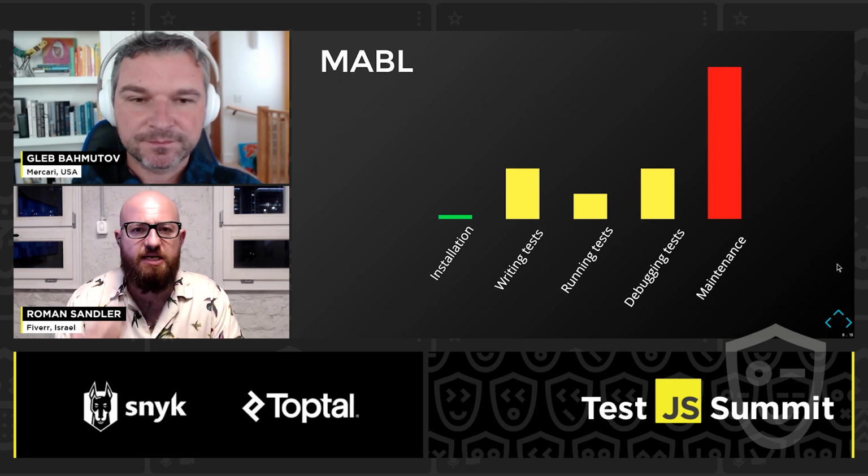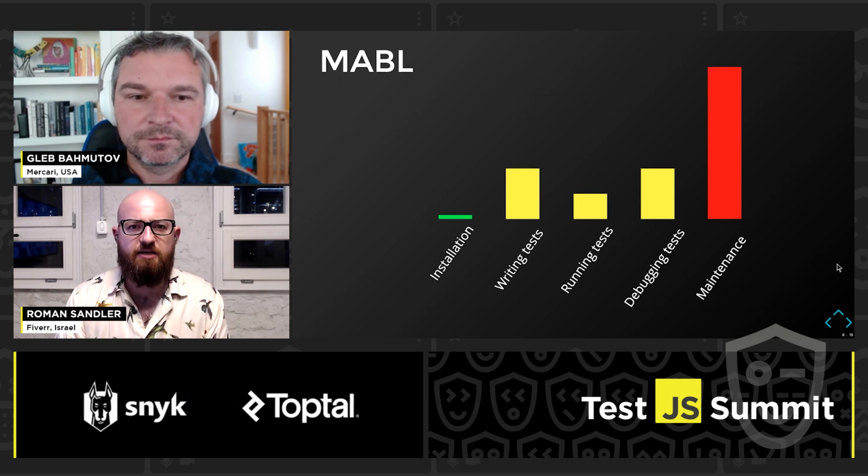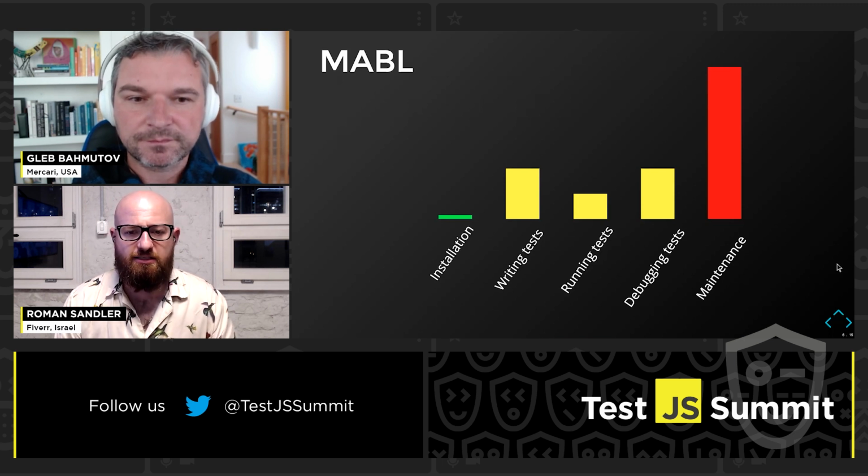So it does make sense that people tend to use the metric of running tests. But if you zoom out for a second and look at the whole picture, especially over time, you see that what you put into a test suite doesn't end. It might start with running the tests the first time, but it definitely doesn't end there.